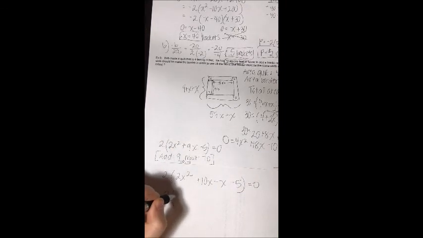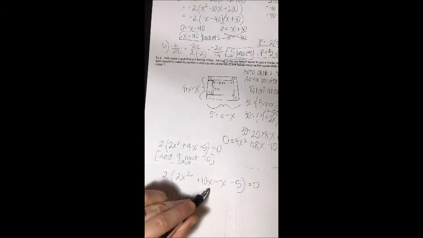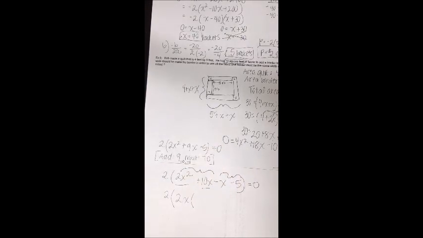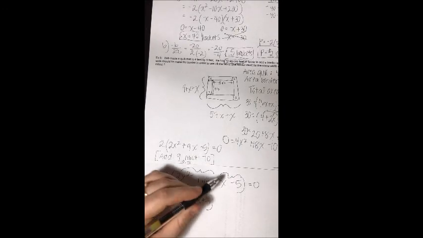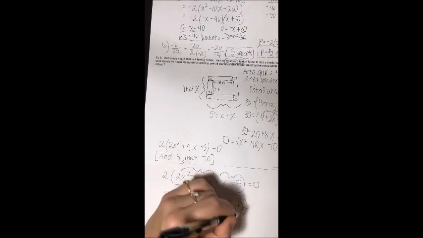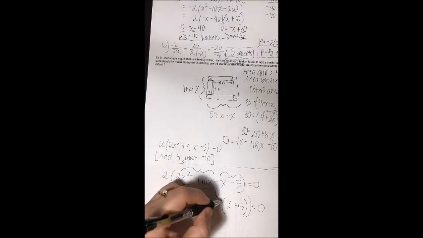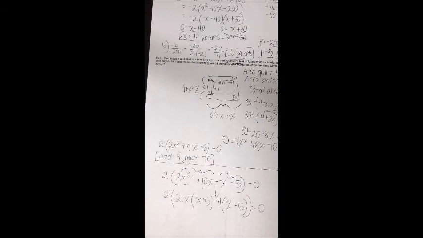Now I'm taking out my greatest common factor of 2x out of the first two terms. Remember, when I'm factoring, I split it up into two smaller expressions. So I'm left with x plus 5. Then I take my negative out, so I'm left with x plus 5 again, because when I distribute this, it becomes negative x minus 5, just like I have written here. So this is an unsaid 1 right here. I'm going to bring x plus 5 out in front, and then I'm left with 2x minus 1.